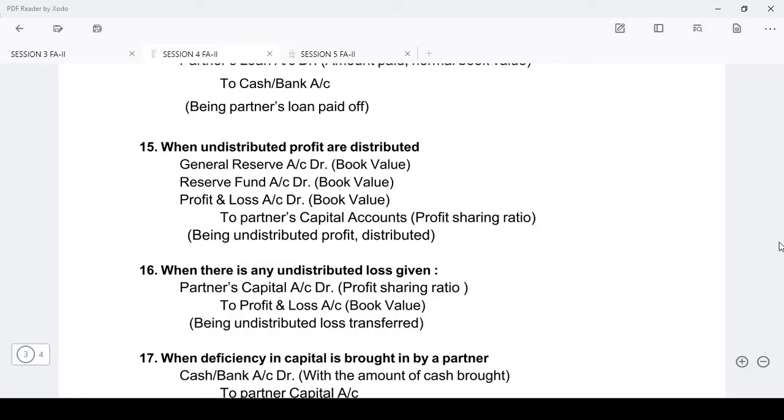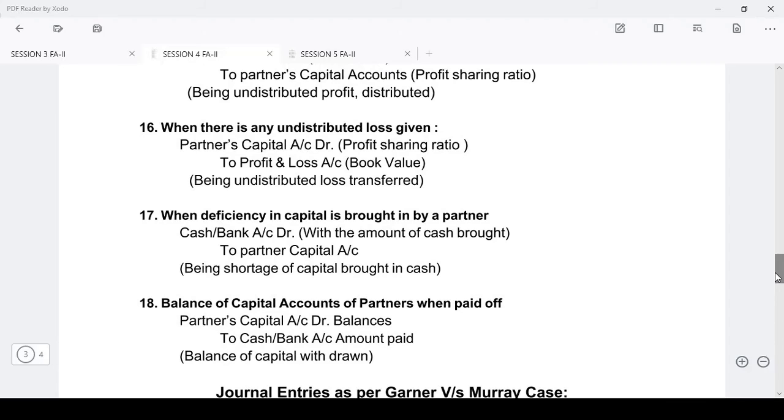And the next entry is, if there is any undistributed loss, it is an opposite entry. Here the partners' capital account will get debited and the concerned loss account is going to get credited. So the entry is partners' capital account debited to profit and loss account.